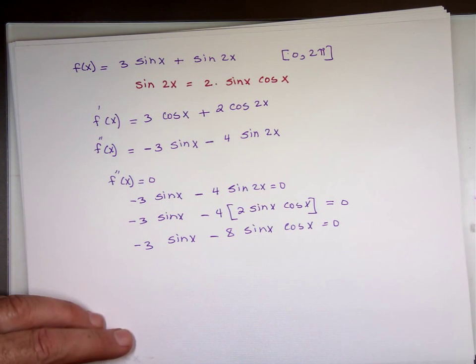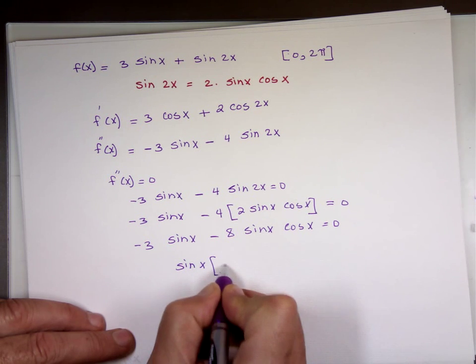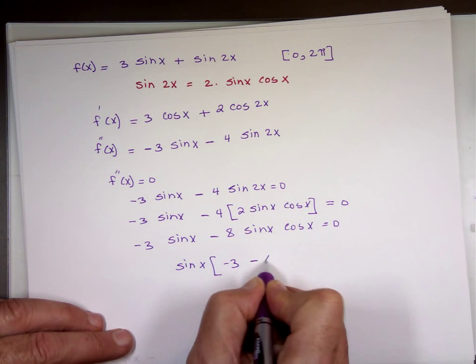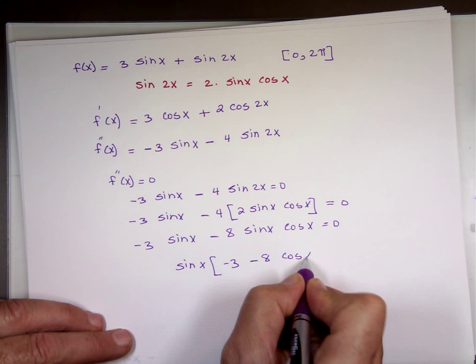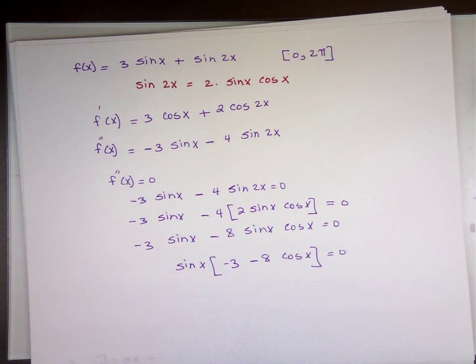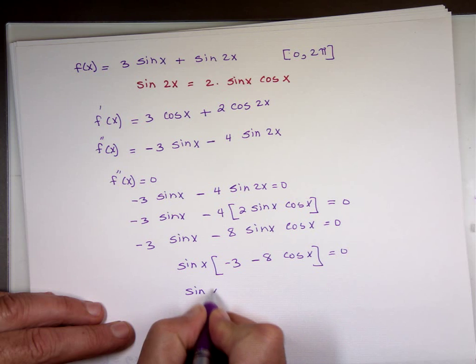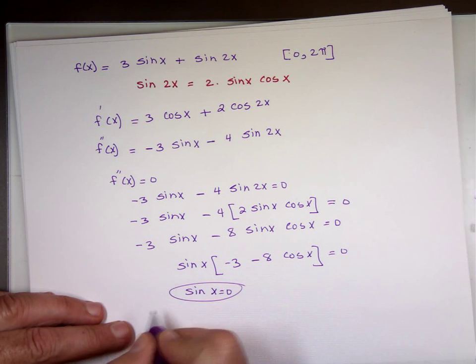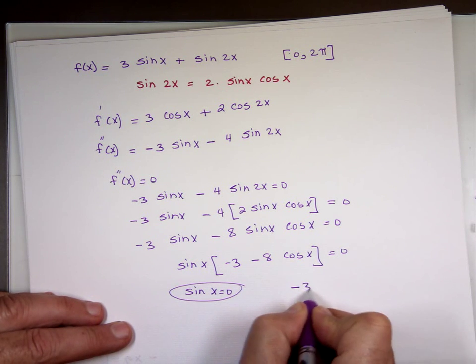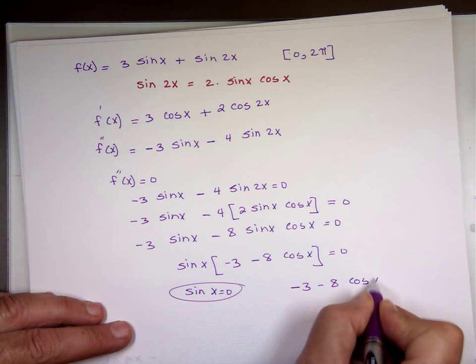You can factor sine of x out: negative 3 minus 8 cosine of x. Now you're multiplying two things and your answer is 0. The only way that will happen is if one of them is 0.